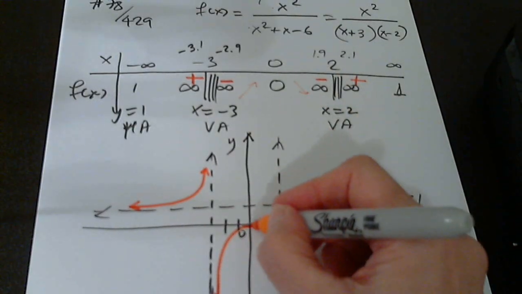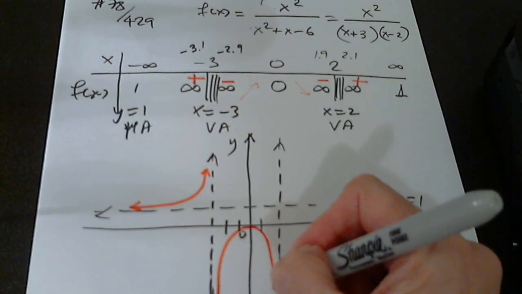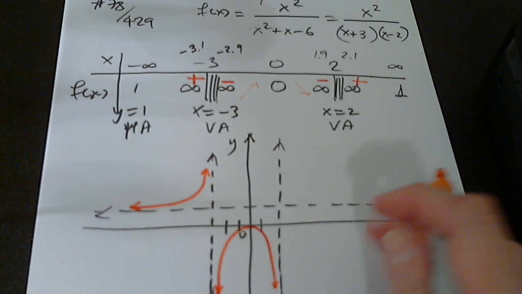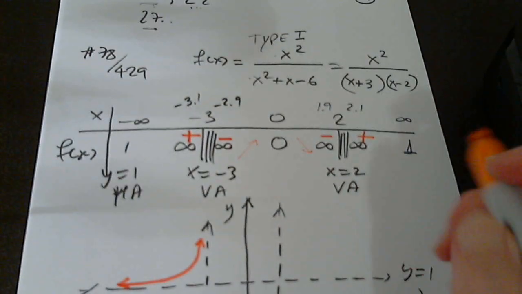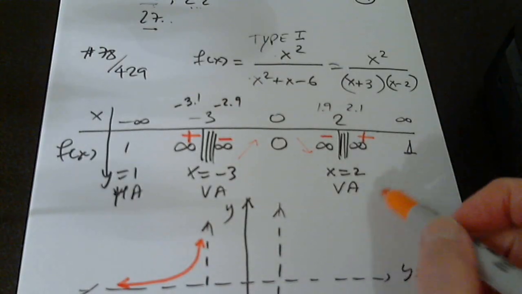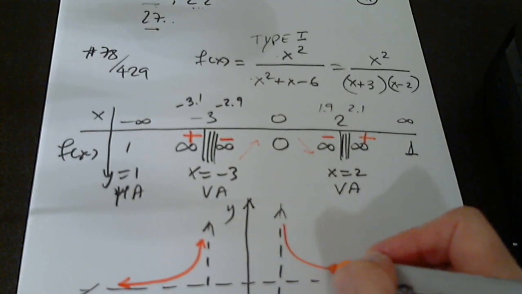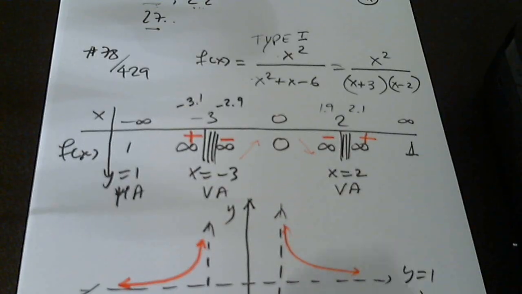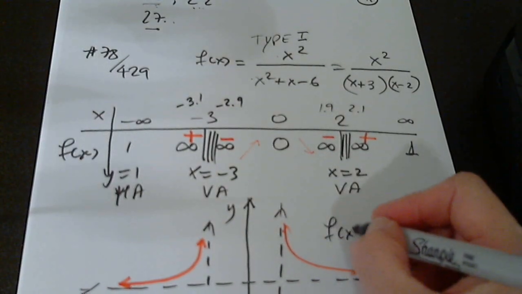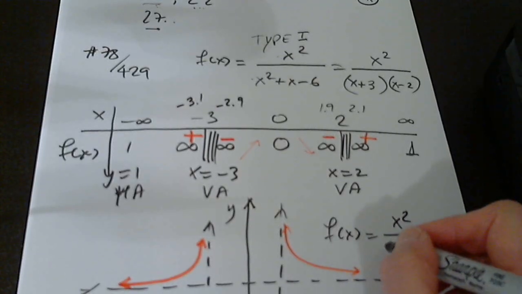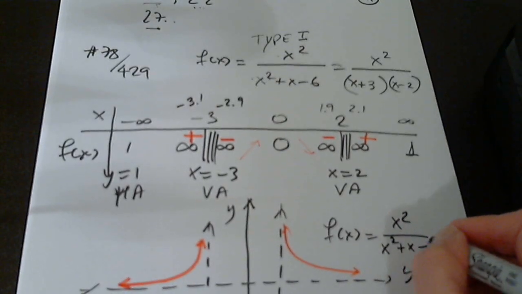Yeah. So this time it has to turn at 0 because it doesn't have any other x-intercept. And then from +infinity to 1. Easy. This is the graph of f of x equals x squared over x squared plus x minus 6.